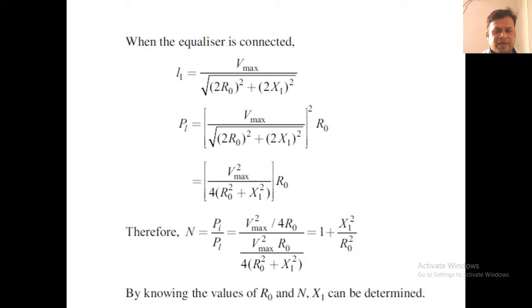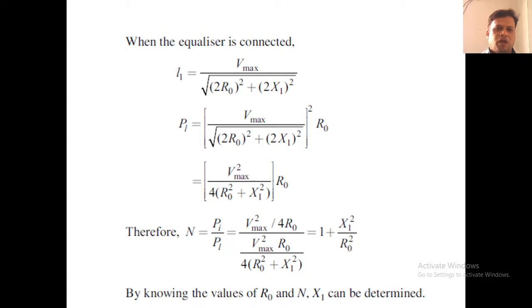When the equalizer is connected, I1 is equal to V max by square root of (2R0) square plus (2x1) square, where the square root term indicates the impedance, and PL is equal to V max by square root of (2R0) square plus (2x1) whole square into R0.